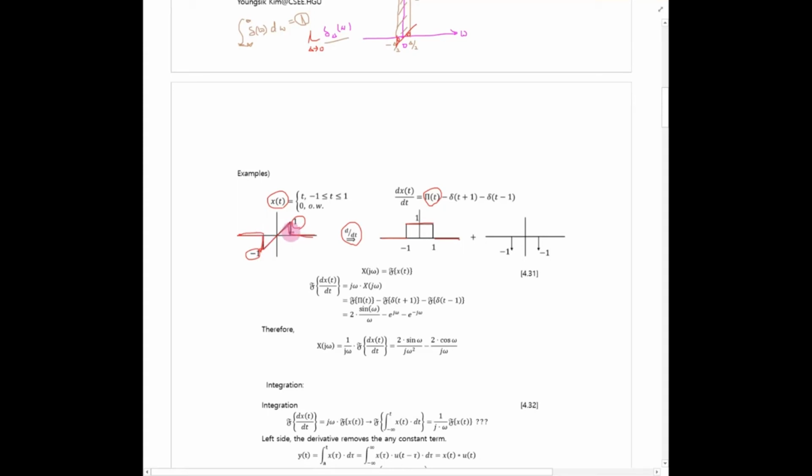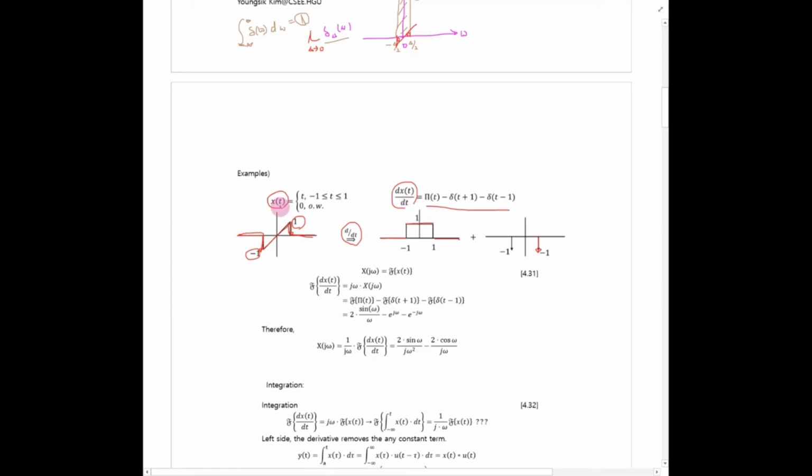Because of that, two different delta functions are shown here. At t = -1 it's delta(t+1), that's this point, and delta(t-1) is this point. So the derivative of x(t) can be decomposed into these functions.